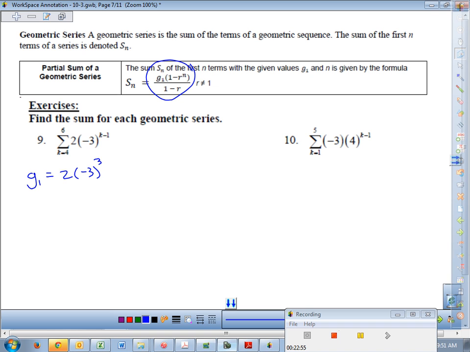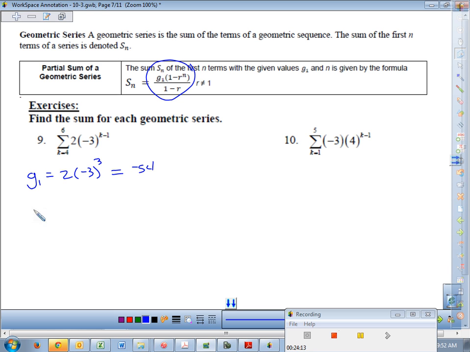What's your first term that we're starting with here? What do we got? 54 or negative 54? What did you get? Right?